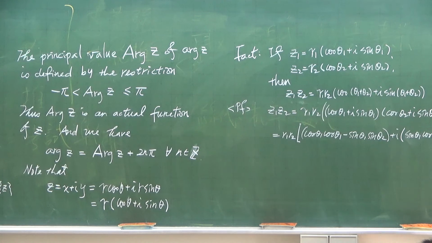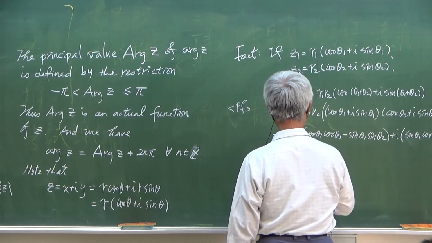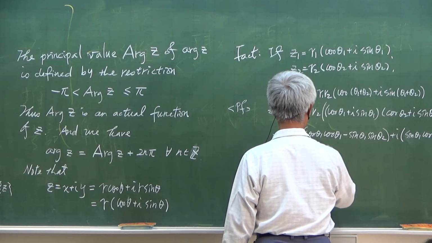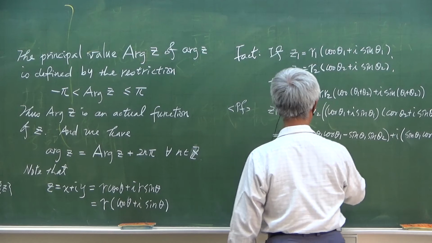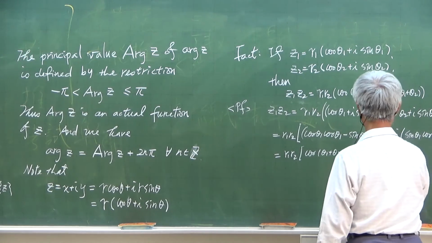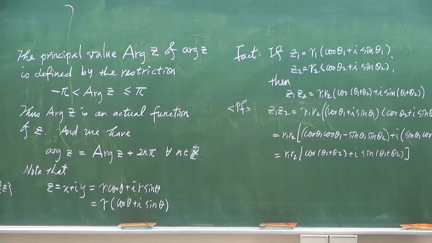Okay, we have that. And by the sum angle theorem, we have the cosine of theta 1 plus theta 2, and here this is the sine of theta 1 plus theta 2.